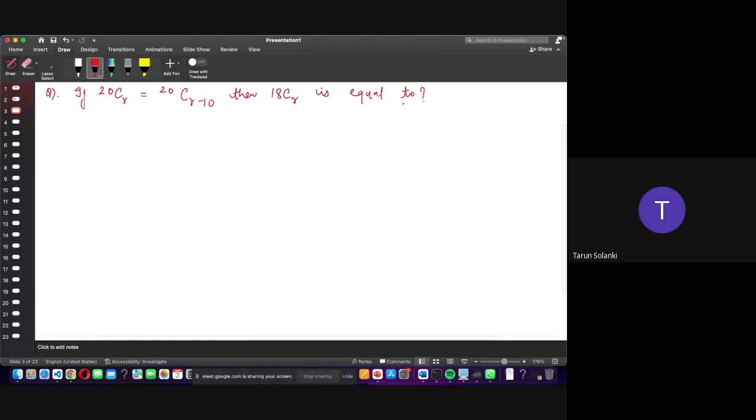Let's solve. 20Cr is equal to 20C(r-10), that is r plus r minus 10 is equal to 20.